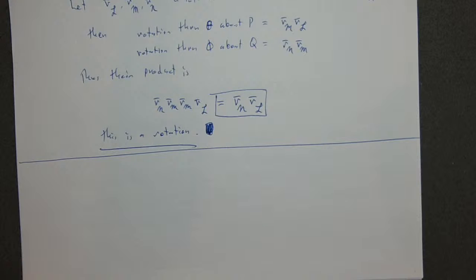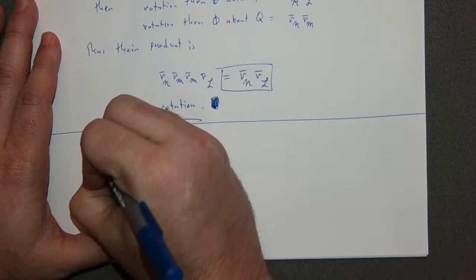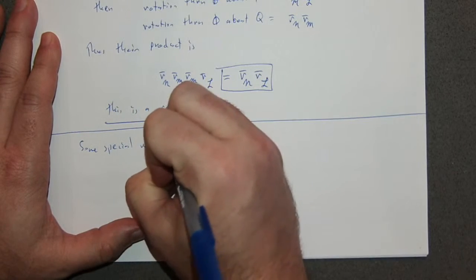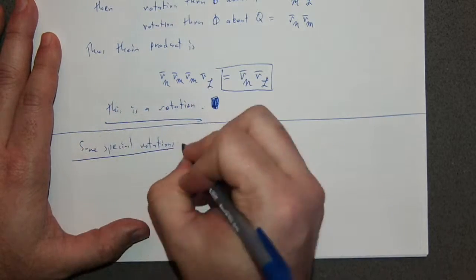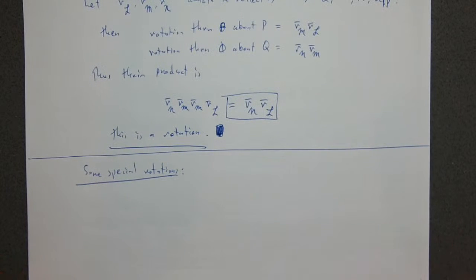Now, what is another idea here? What is something that I want to mention before going on? So there are some special rotations I want to consider. Some special rotations of S2. And we're also going to see how, in general, we can talk about space rotations in what is by far the most convenient way to talk about them.